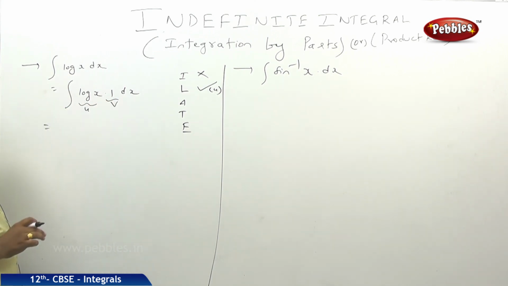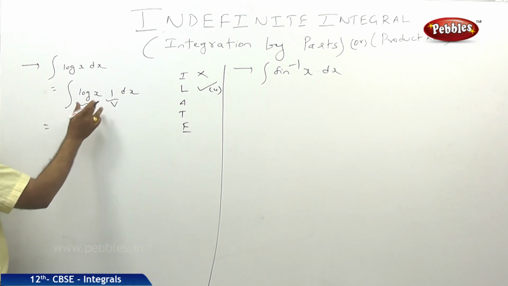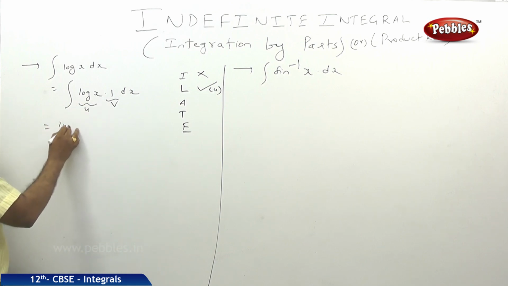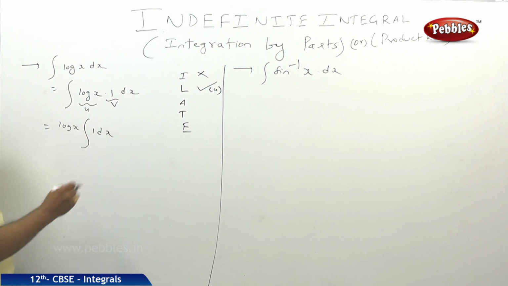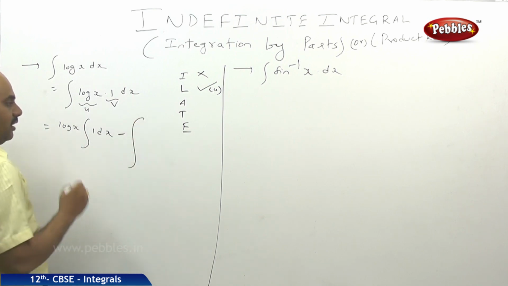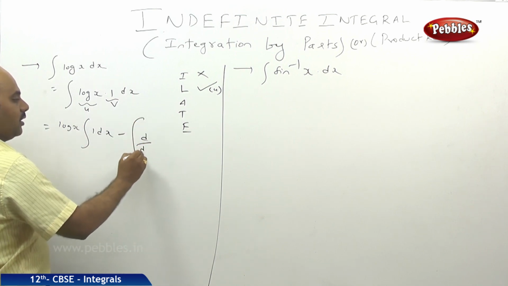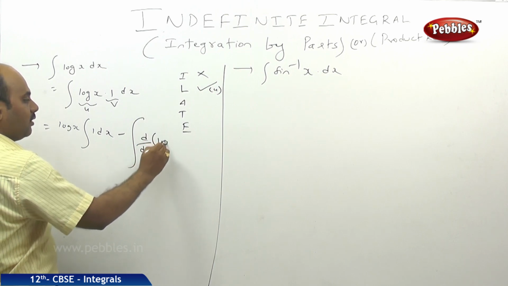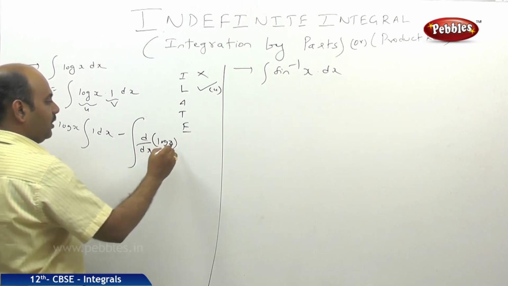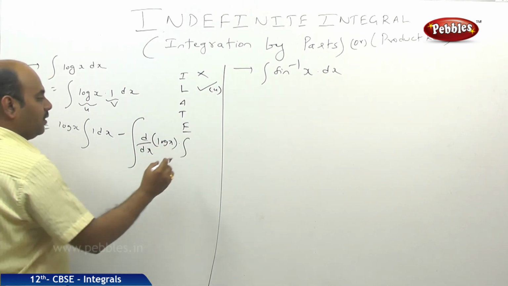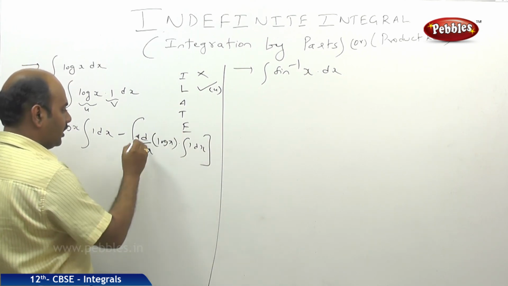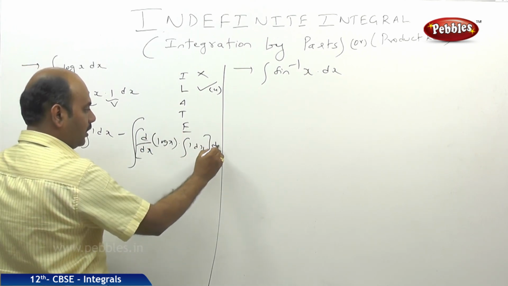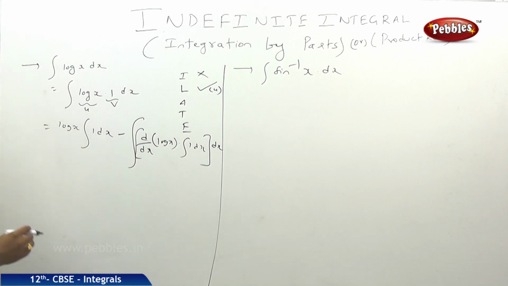Integral of log x into 1 dx is u, log x, into integral of 1 dx, minus integral of d by dx of log x into integral of 1 dx, and here I am closing the bracket and writing dx.